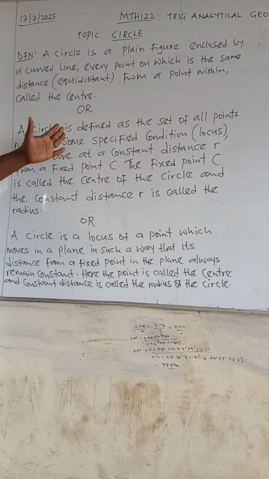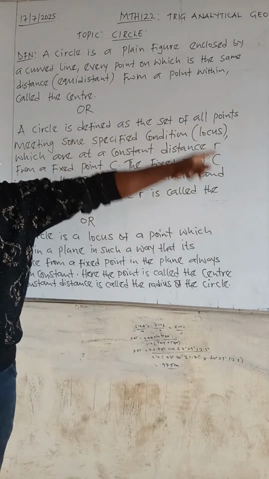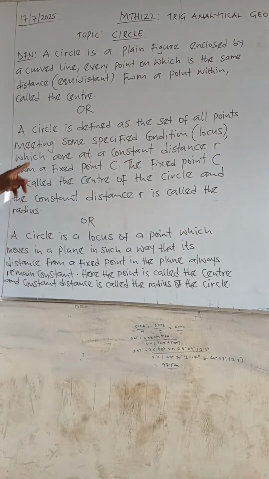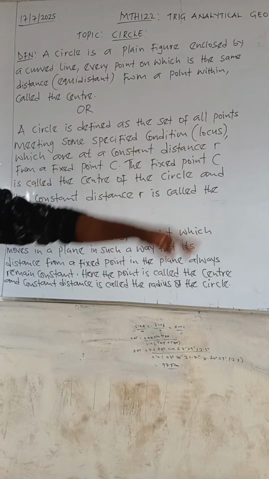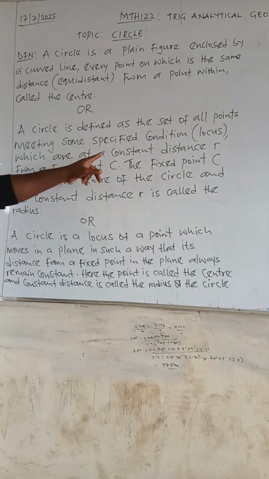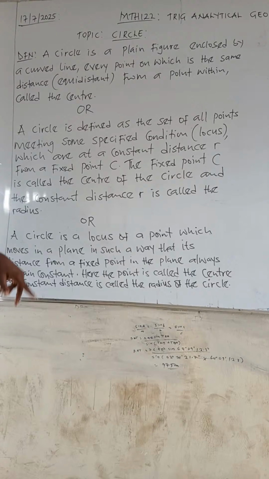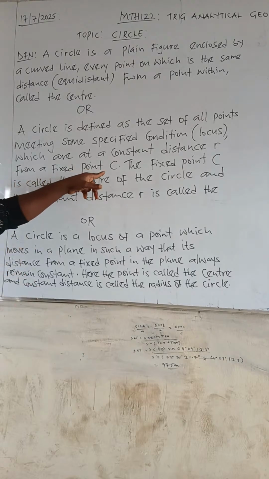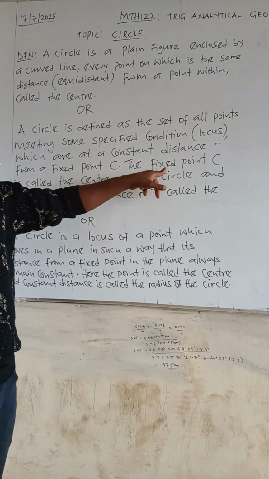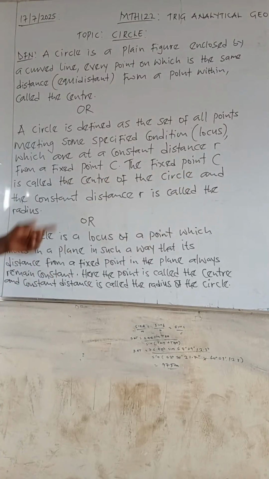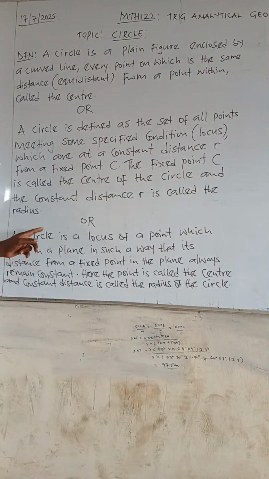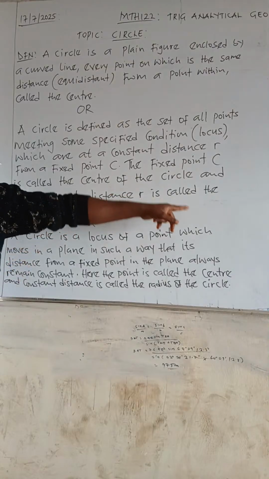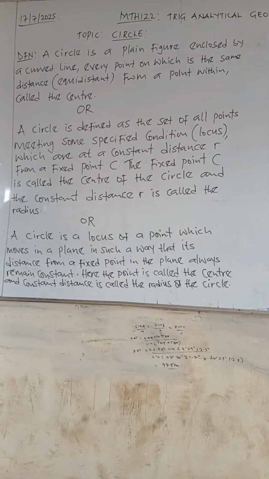Then the second one is, the circle is defined as the set of all points meeting some specified condition (locus), which are at a constant distance, r, from a fixed point C. The fixed point C is called the center of the circle, and the constant distance r is called the radius.